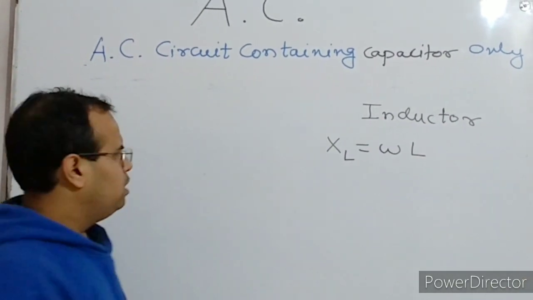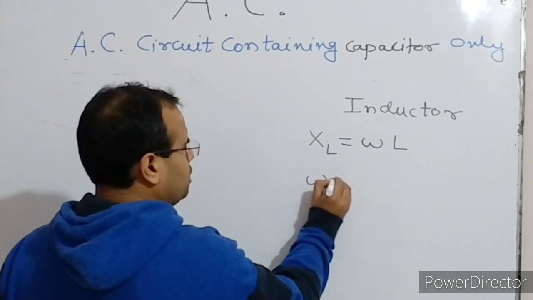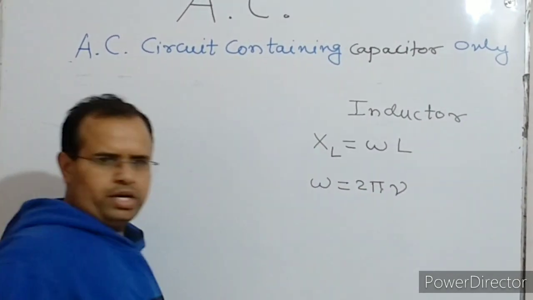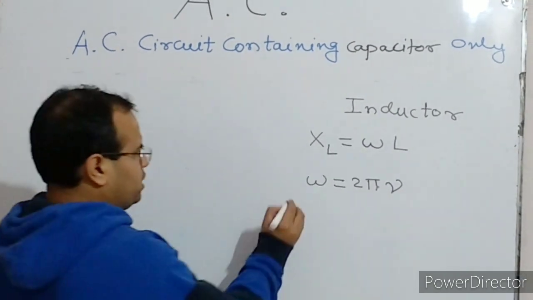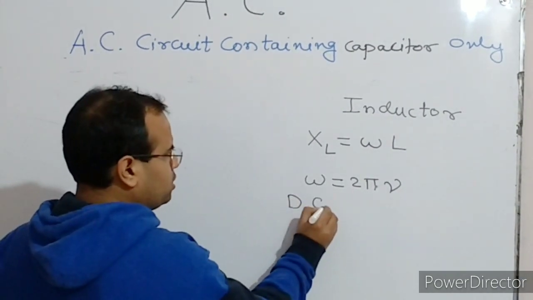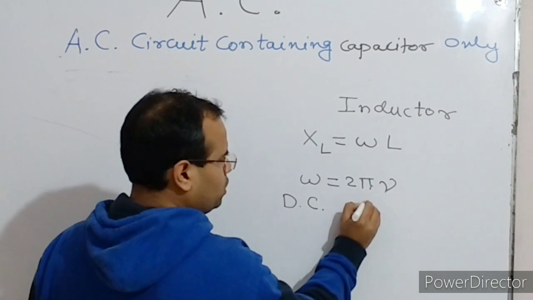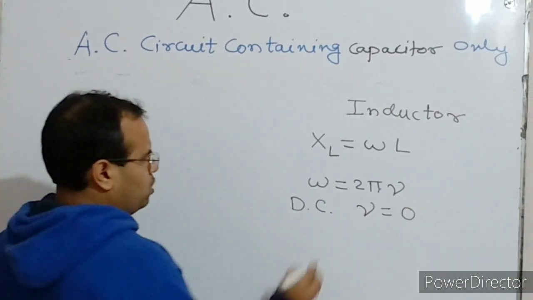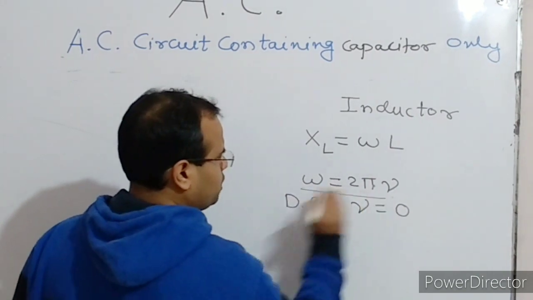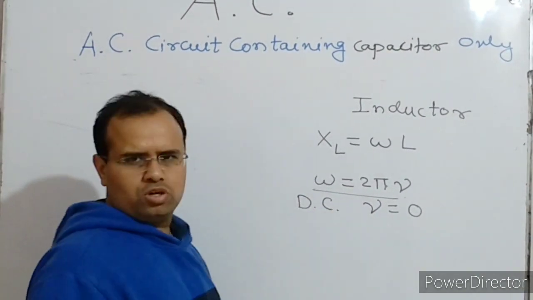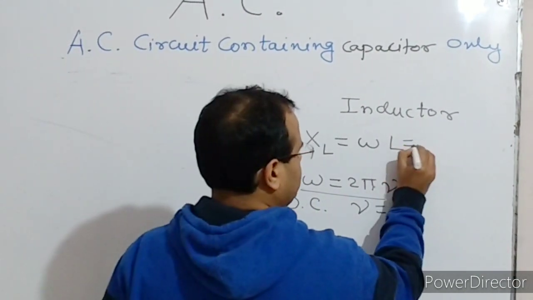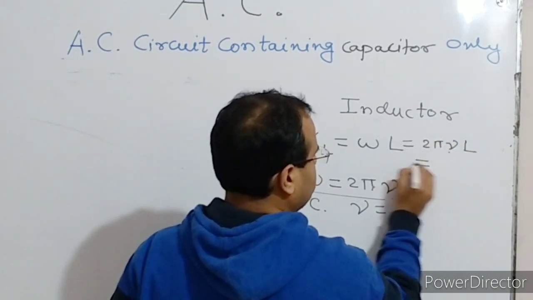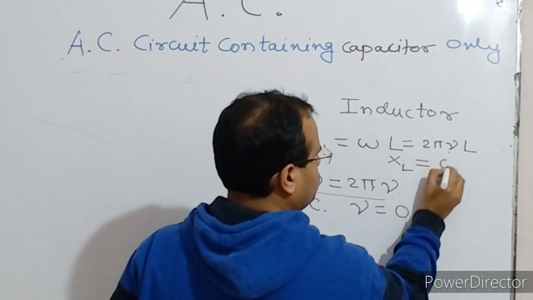When we did this, you know that omega is equal to 2 pi nu, right? As far as DC, direct current, is concerned, nu is equal to 0. When nu is equal to 0, it is obvious that omega is equal to 0, and you can write XL as 2 pi nu L, and because nu is 0, XL is also 0.